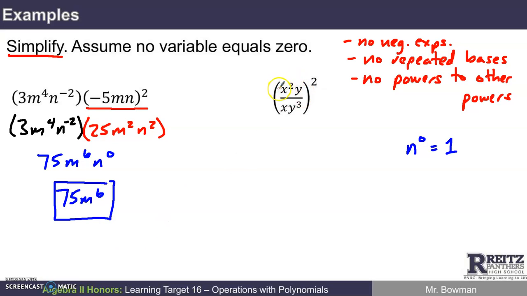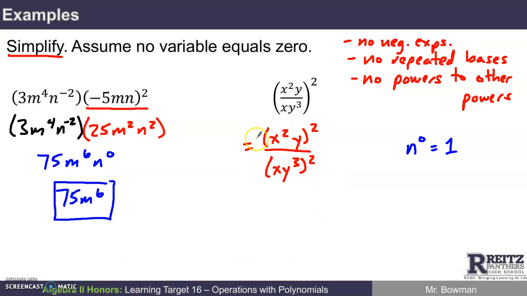Here's another example. We've got x squared y all over xy cubed, the whole thing squared. For a good first step here, I would recommend writing this as the numerator squared over the denominator squared. X squared y squared over xy cubed squared.